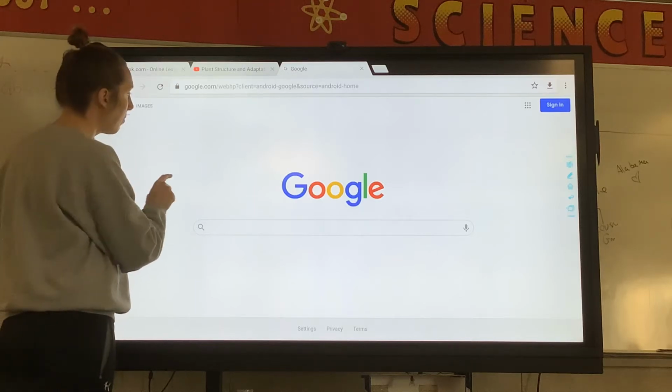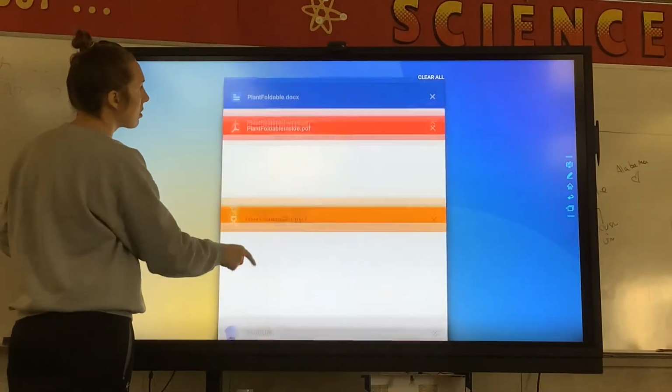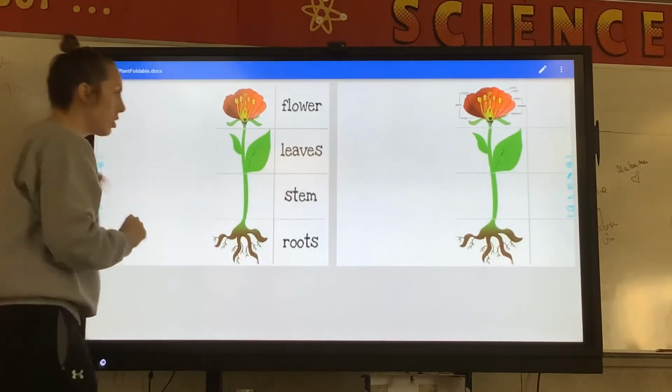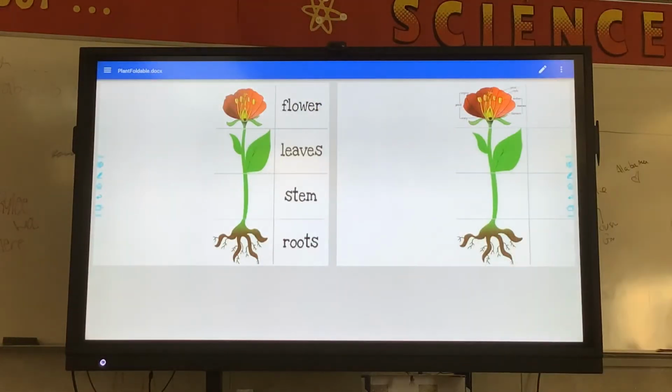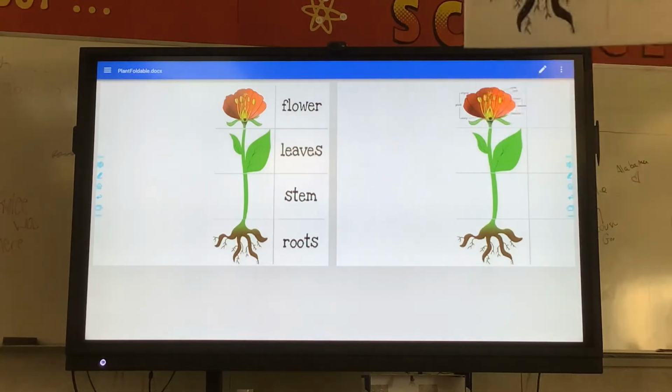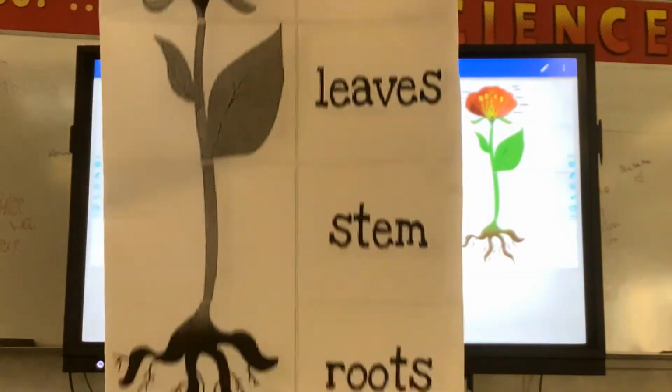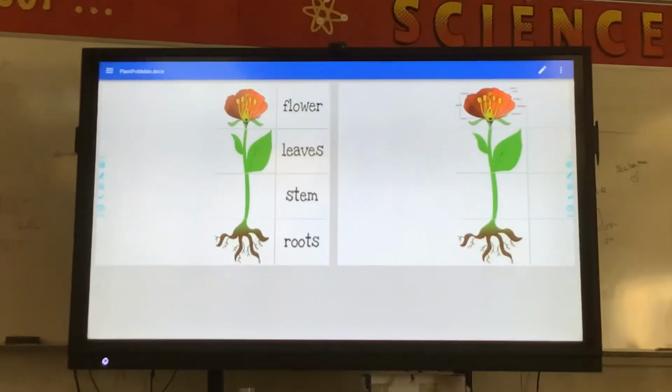Okay, so this is going to be the front of your foldable, where we have flower, leaves, stem, root. Good.